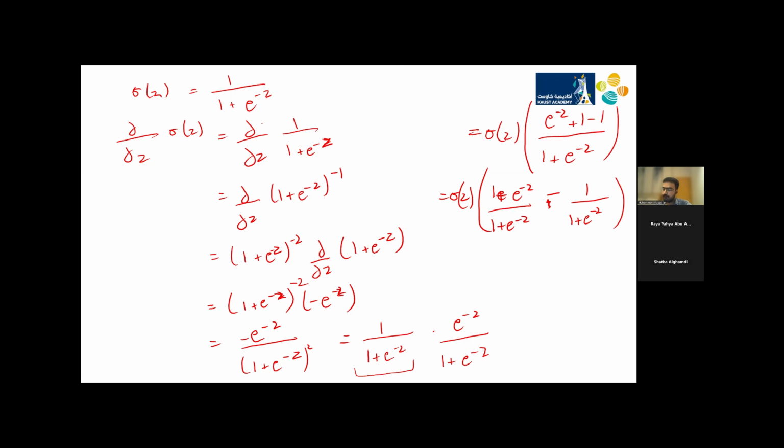Isn't it e to the negative? Yes, you are right, my bad. But it's fine because you take the negative out of the way. If we take the negative sign common here, this would be plus 1 and this would be minus 1. Let me just confirm.